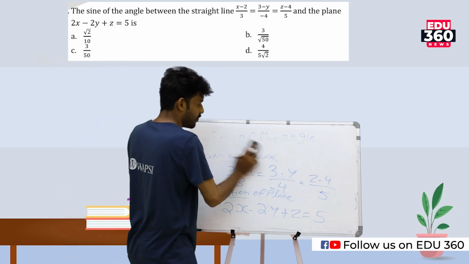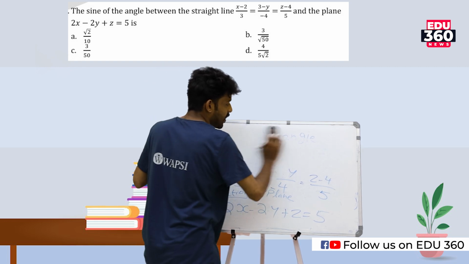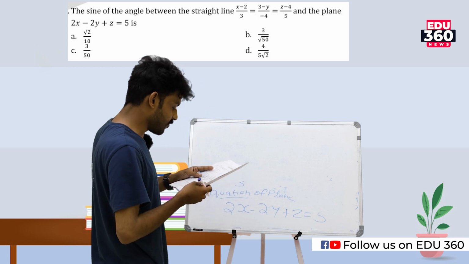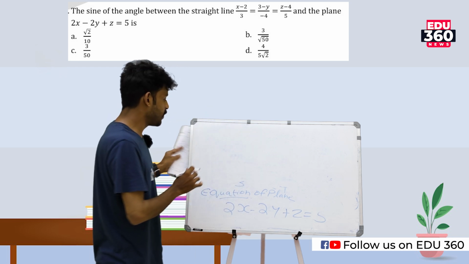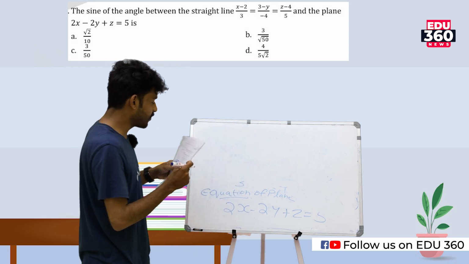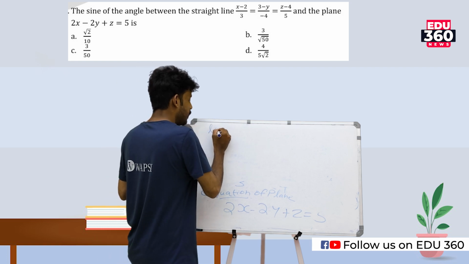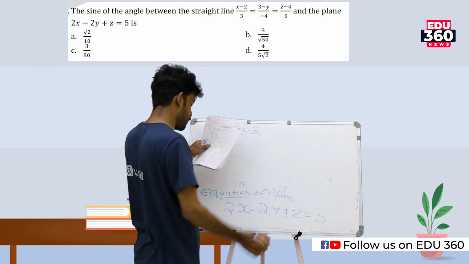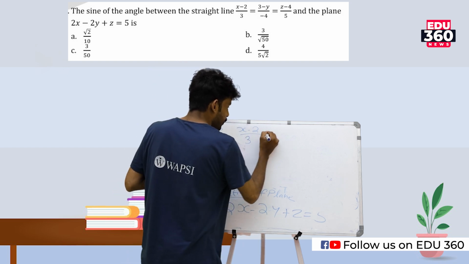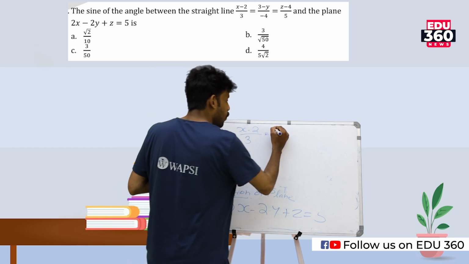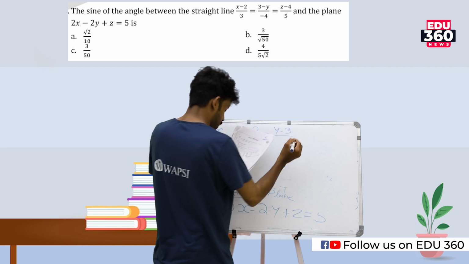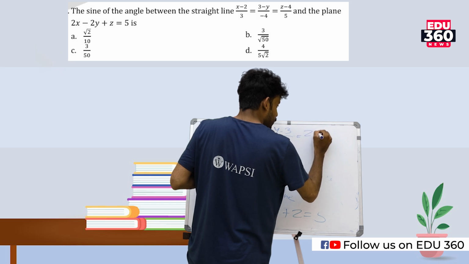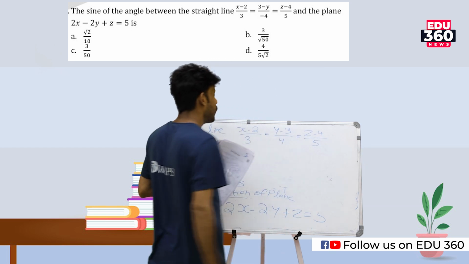From the equation of the straight line, we can write it once again. The equation of the line is (x minus 2)/3 is equal to (y minus 3)/4, which is equal to (z minus 4)/5.